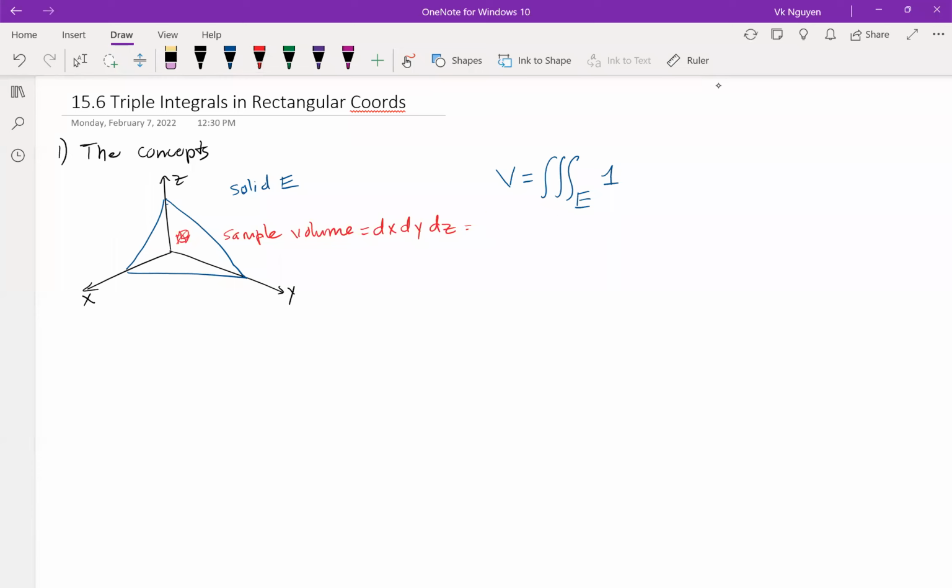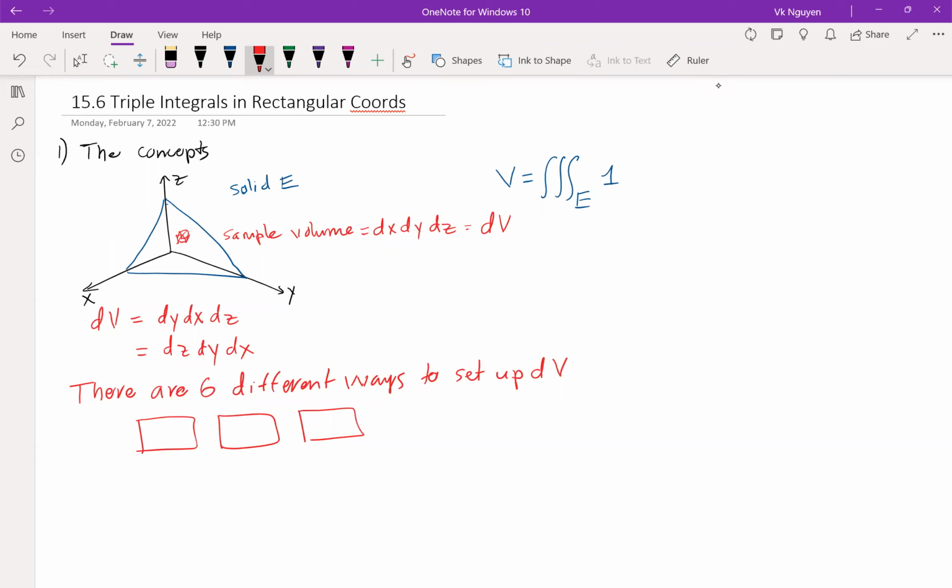Because you can set it up in many different ways, as you can see, dV can be dy dx dz, or dz dy dx. There are 6 different ways to set up dV.